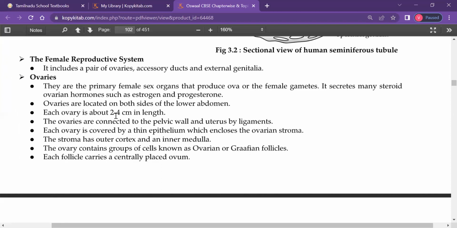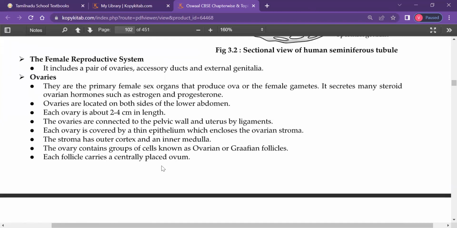Each ovary is about 2 to 4 centimeters in length. The ovaries are connected to the pelvic wall and uterus by ligaments. Each ovary is covered by a thin epithelium which encloses the ovarian stroma. The stroma has an outer cortex and an inner medulla. The ovary contains groups of cells known as ovarian or Graafian follicles. Each follicle carries a centrally placed ovum.